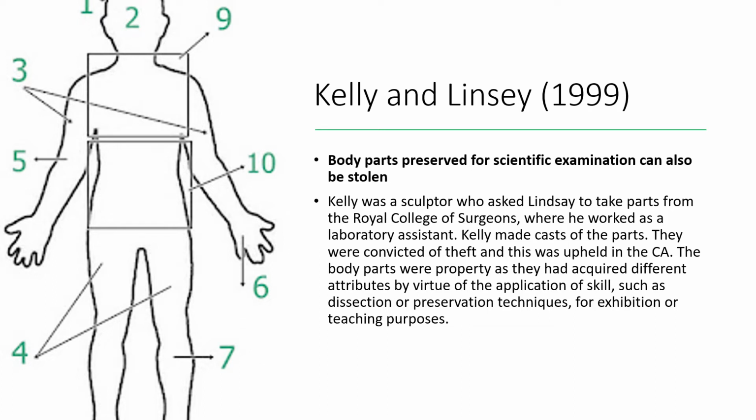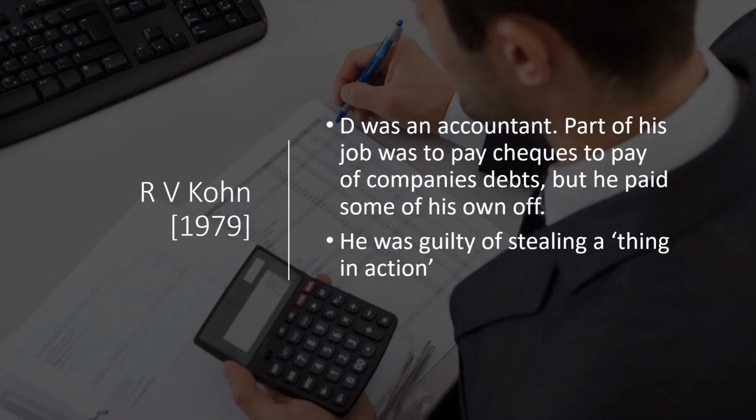Now Kelly made casts of the parts and they were convicted of theft, and this was upheld in the Court of Appeal. Now the body parts were property as they'd acquired different attributes by virtue of the application of skill, such as, for example, dissection or preservation techniques for exhibition or teaching purposes. So they'd acquired properties. That's why they were held to be property.